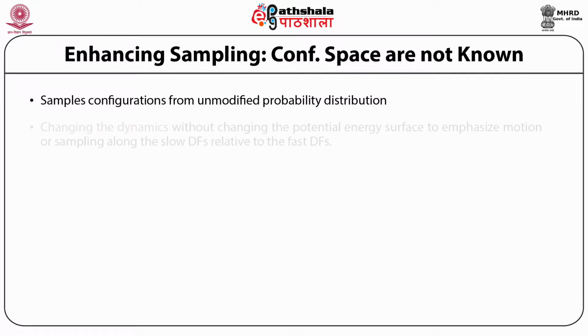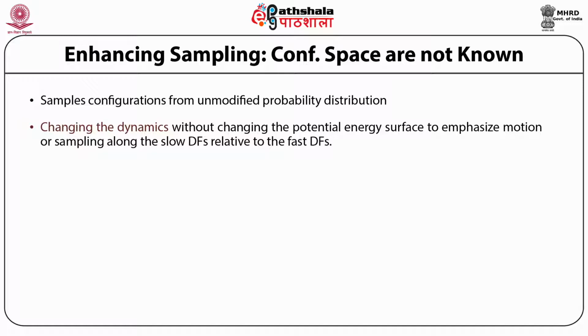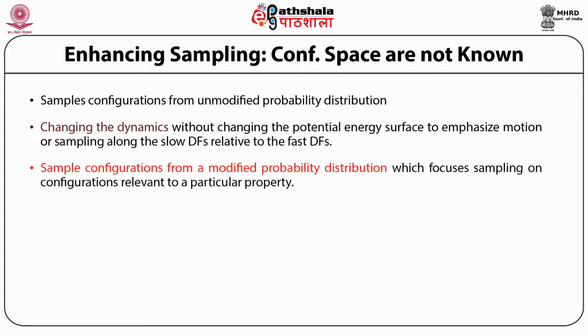One is, let us change the dynamics. That means we sample across slow degrees of freedom. Where the motion of the molecule is very slow, we should search more of that conformer, and with very quick motions we will get a lot of fast conformers. This is one. Another is that the sampled configuration is changed because of a modified probability distribution.